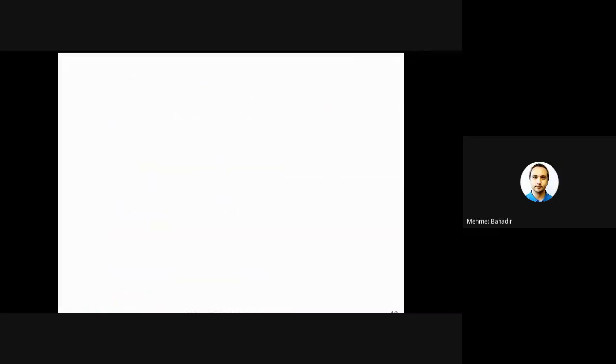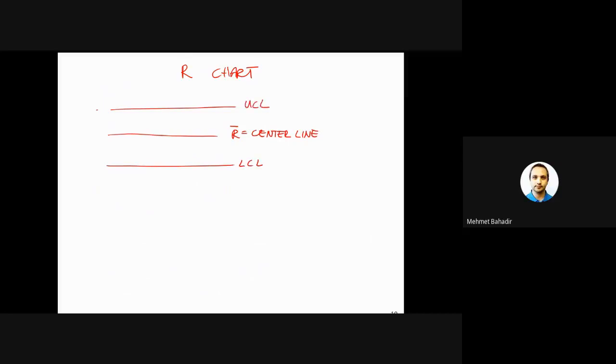So let's go into creating an R chart. An R chart is gonna have center line, lower control limit, upper control limit. Lower control limit is D3 times R bar, and upper control limit is D4 times R bar.